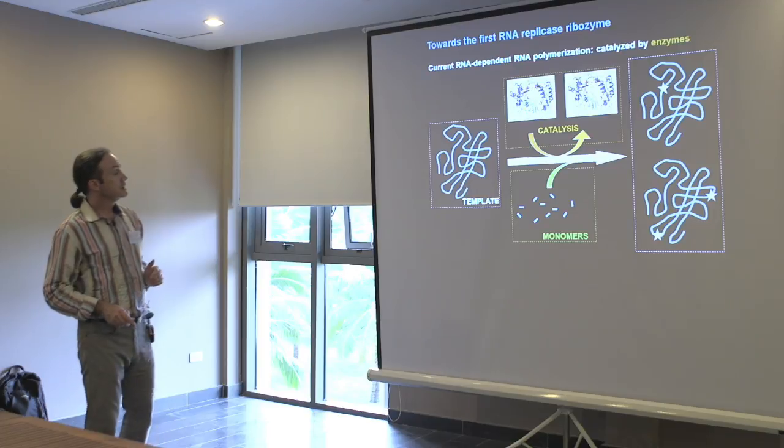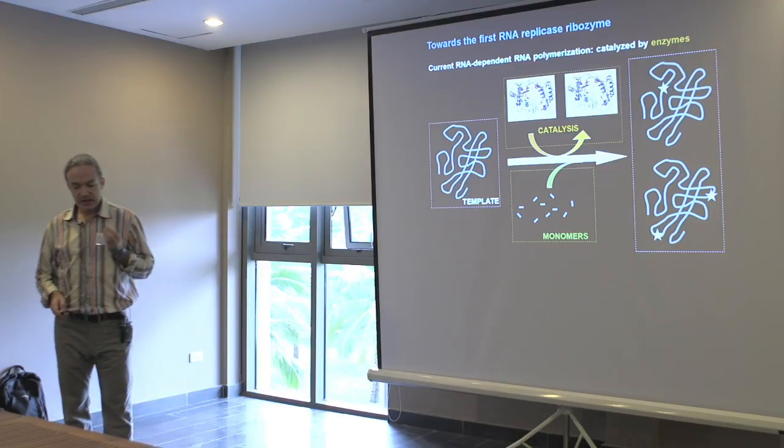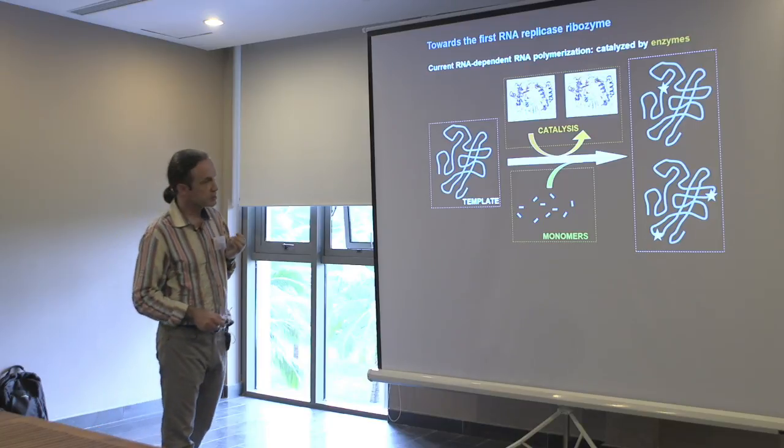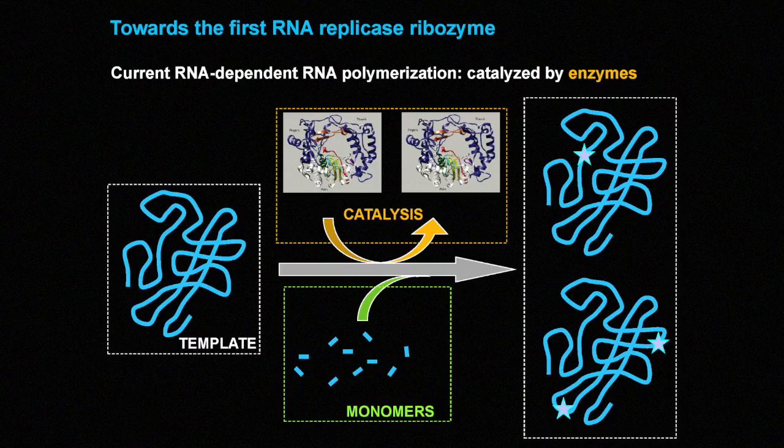By the way, when we are thinking about a ribozyme able to catalyze its own replication, we have to compare it with the situation in which a protein catalyzes RNA replication, for instance during the infection of a cell by a virus. Here you have an RNA template. You use monomers.